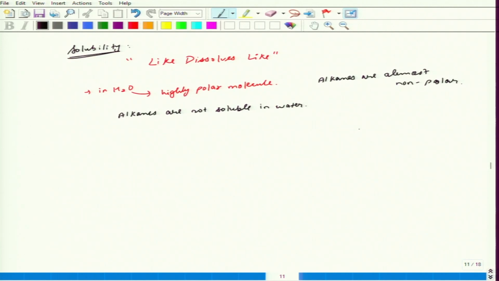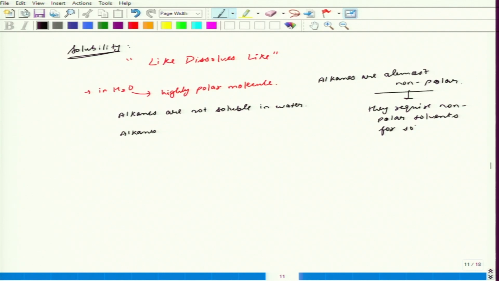So what solvents are they soluble in? They require non-polar solvents for solubility.